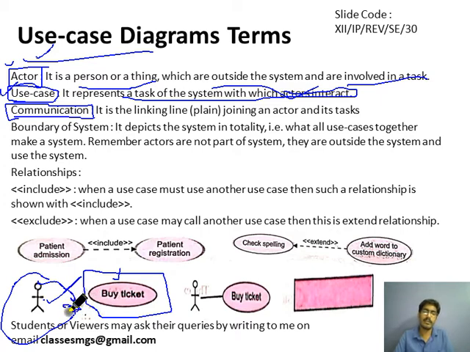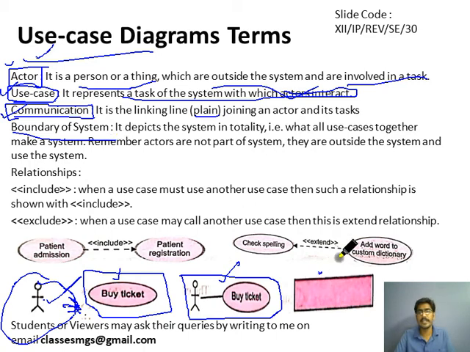A person or actor wants to buy a ticket, then buy a ticket will be represented through this oval. And if we want to show the relationship or communication, we simply draw a line between the actor and the use case. This is a plain line we can use to draw this relationship or communication.